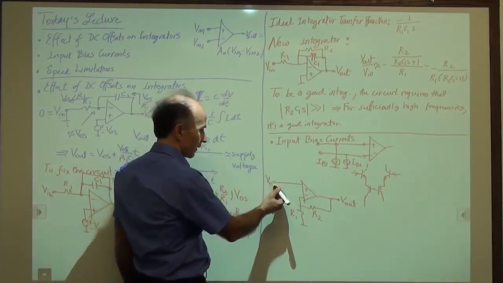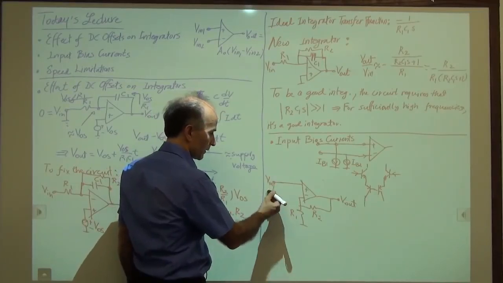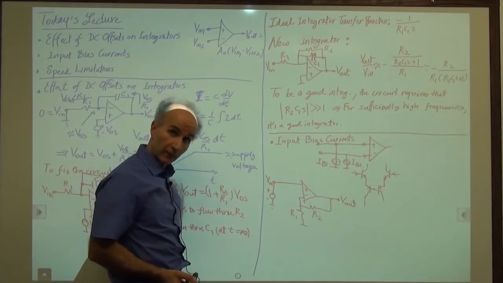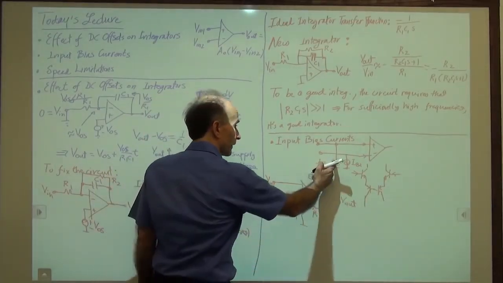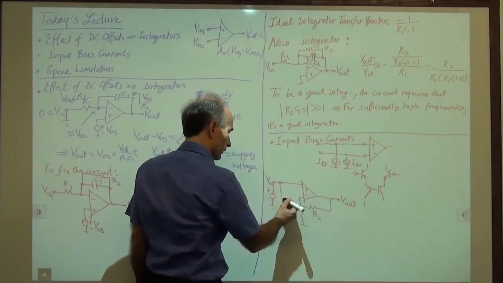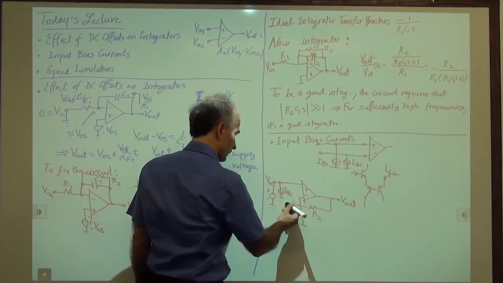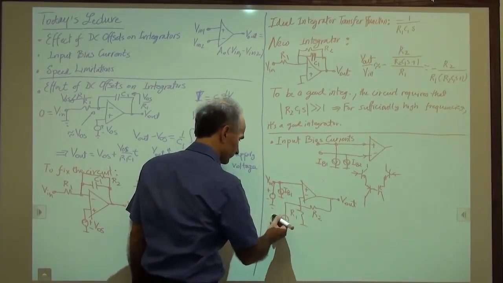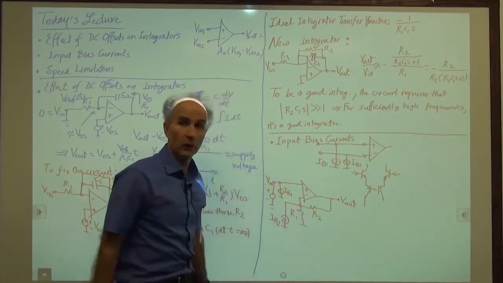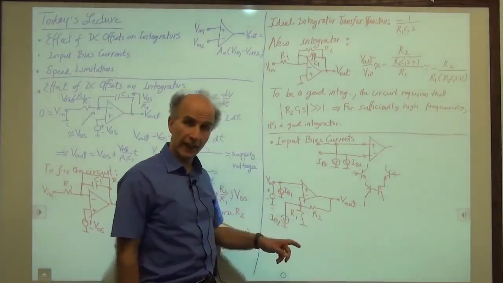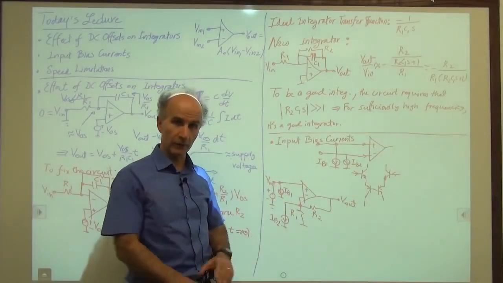And let's say V in is an ideal voltage source for now. So that's an ideal voltage source coming to the non-inverting input. And now we have to add these two currents. So we add a current source here, IB1, and another current source here, IB2. And we are wondering what kind of error we will get at this output as a result of IB1 and IB2.